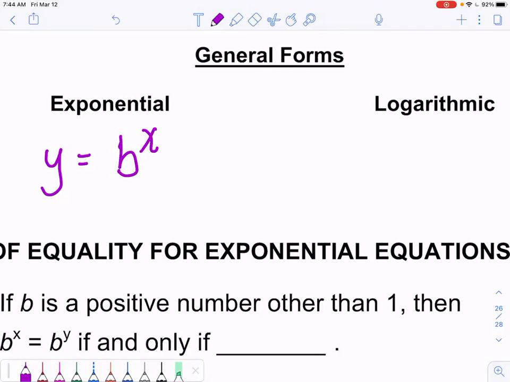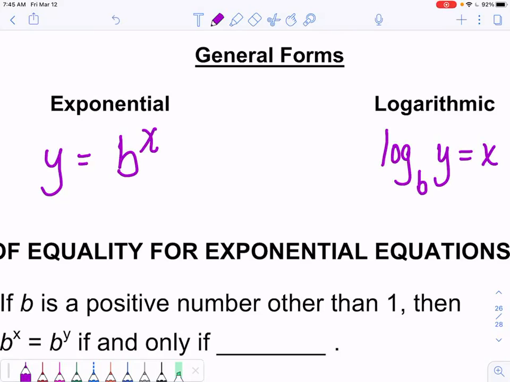Jaden, how would you write that in log form? Yeah. So remember, the exponent and the y switch. So instead of it equaling y, it's now equal to x. So y equals b to the x, log base b of y equals x.